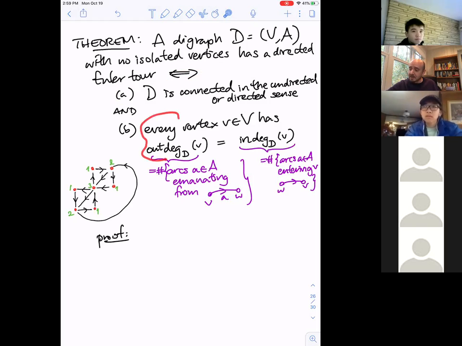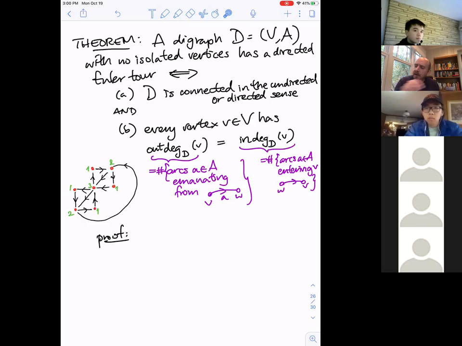And again, as the Euler tour enters and exits V, it might do it k times, but that's going to make the in degree k and the out degree k. So it is the same proof, actually, for the forward implication. Everybody see why it's basically the same proof, just thinking about in degree and out degree versus degree.